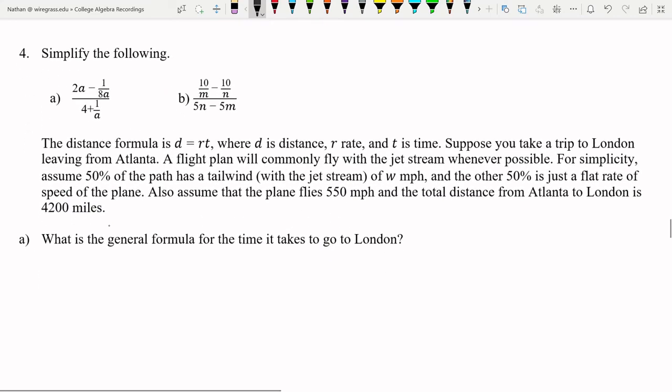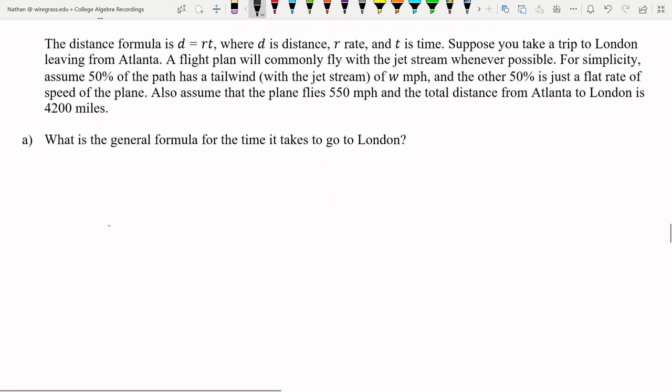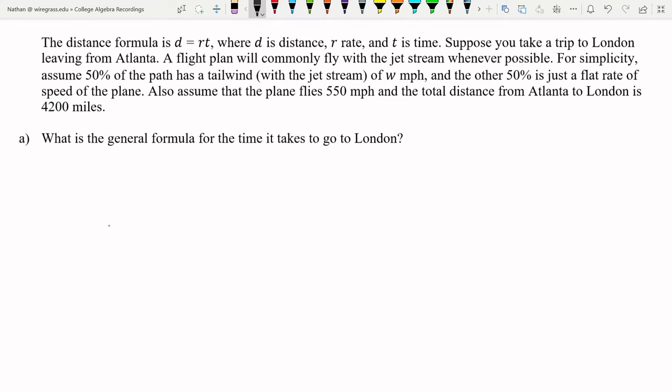Now let's look at an application problem of these rational expressions. So the distance formula, which is d equals rt, this is the basic formula. It's very useful. D is just distance, r is the rate of travel, and t is time. Now, if we're going to take a trip to London, leaving from Atlanta, any flight plan that you will always fly on, will always try and fly with the jet stream whenever possible.